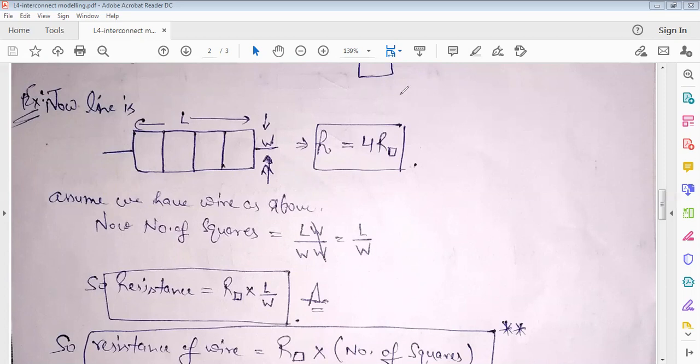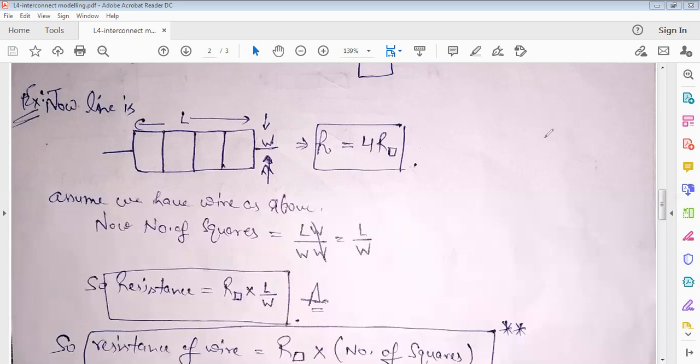That is your number of squares. So that will come out to be L upon W. So L upon W is the number of squares in this particular wire of length L and width W.